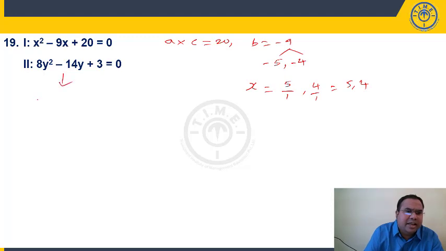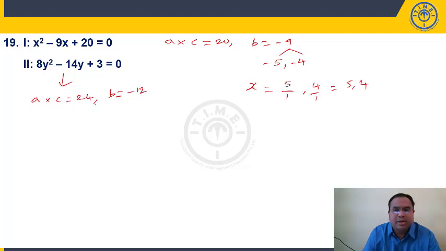Let us take up this. A into c is 24 and b is minus 12. Right, students? B is minus 12. Now, you can see here a into c is 24 positive. Write b as sum of, b is how much?